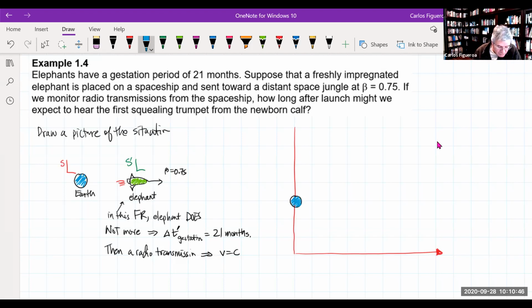It's moving through space-time, and as it moves through space-time, what we're seeing here is that in the frame of the elephant, that rocket is actually moving through here.